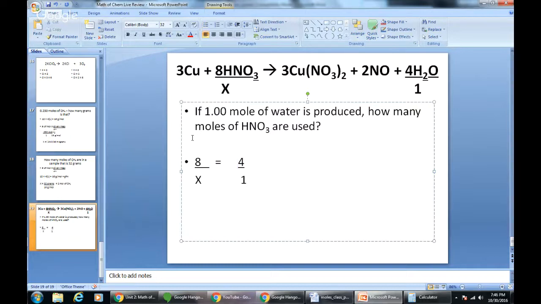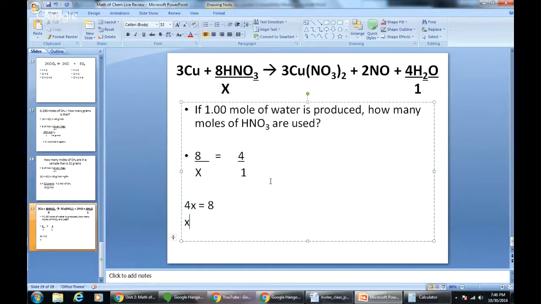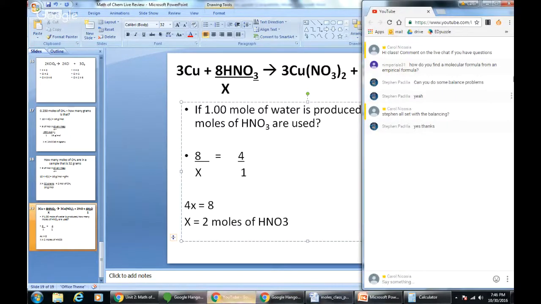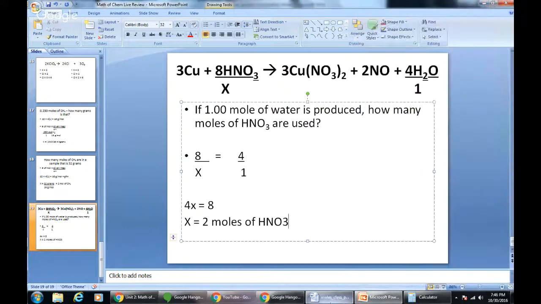Okay, cross multiply. 8 times 1 is 8, 4 times X is 4X. So 4X is equal to 8, X equals 2. That's the number of moles of HNO3. Good. I hope that mole ratio helps you out a bunch.